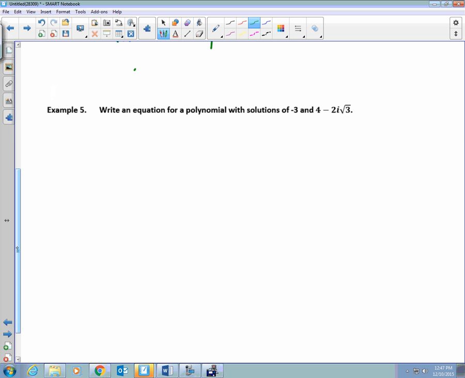Let's write another equation for a polynomial of degree 3 that has solutions of negative 3 and 4 minus 2i root 3. If 4 minus 2i root 3 is a solution, what else is a solution? 4 plus 2i root 3.